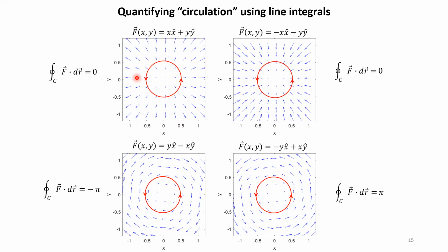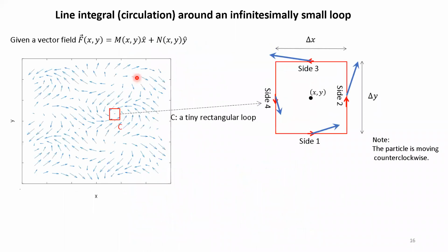Now, what I want to consider is shrinking down the size of this loop. Again, I have this vector field, a more complicated one, but I'm considering a very small loop. This time I'm using a square loop instead of a circular loop.